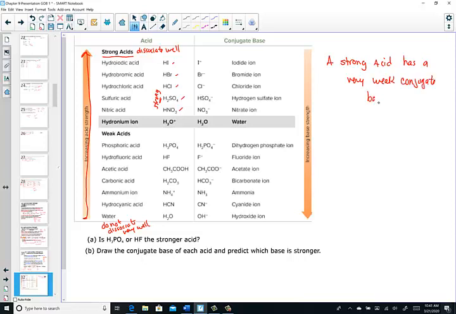And the flip would be true as well. Do you see that? That the strongest bases are down here. So a weak acid down here would have a very strong conjugate base.